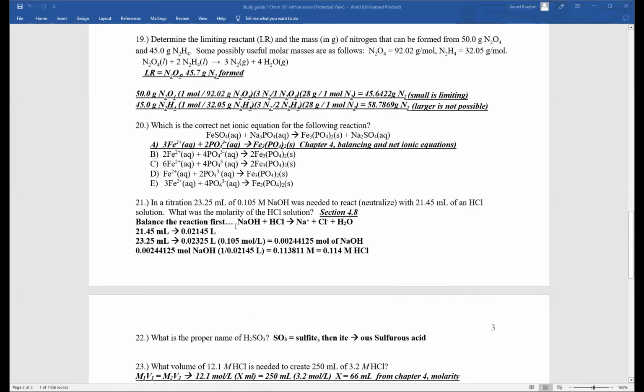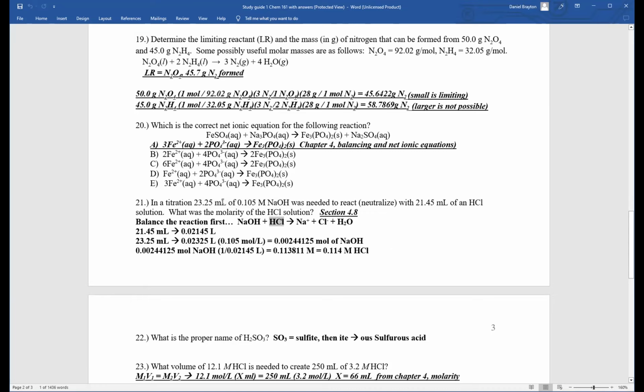So it's a 1-to-1 ratio, and I'm picking what I think the pitfalls would be. Since it's 1-to-1, what we're really doing is, from the thing it gave us the most information about, which is the volume and the molarity, getting how much actual sodium hydroxide was added, and those two amounts are equal. Once you know that amount in moles, you're just dividing that by the volume. Now, this one was left as fill in the blank.